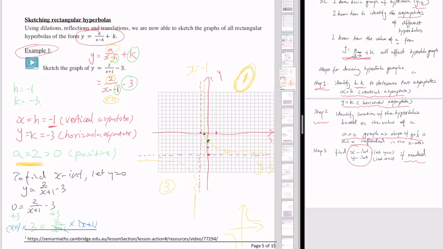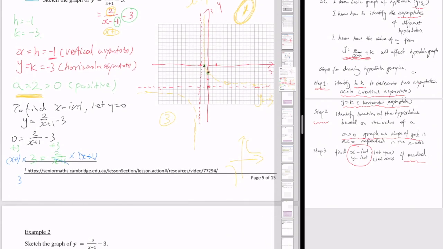That cancels out, so that gives me 3 times x plus 1 equal to 2. Expand the bracket, 3x plus 3 equal to 2, and eventually x will be equal to negative 1 over 3. So my x-intercept is negative 1 over 3, 0.